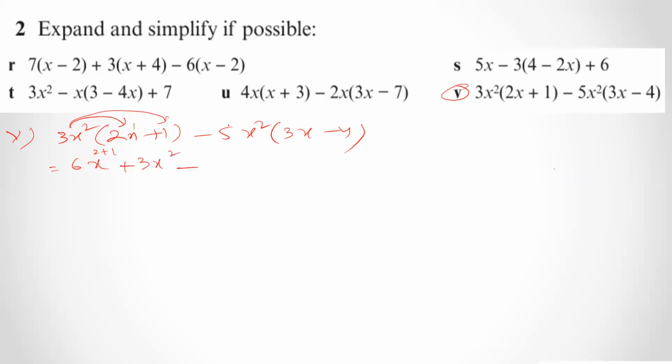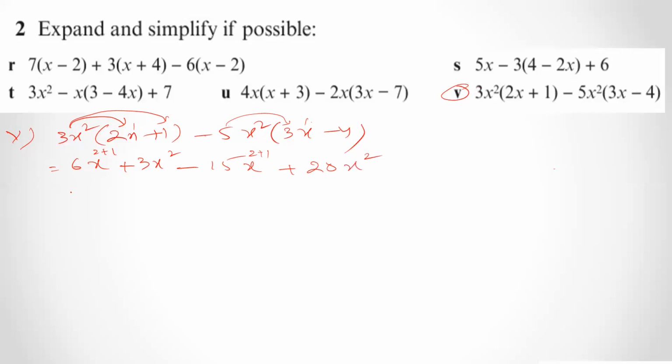Now here 5 times 3 will be 15, and x square times x power 1 will be x power 3, 2 plus 1 means 3. Then again here minus times minus will be plus. 5 times 4 will be 20, then here x square.